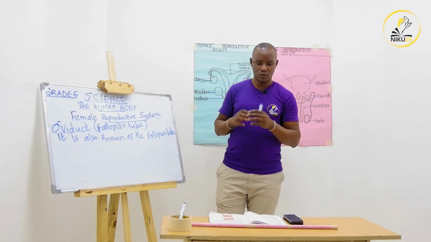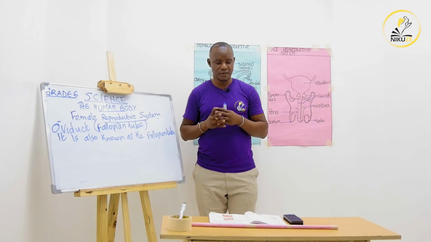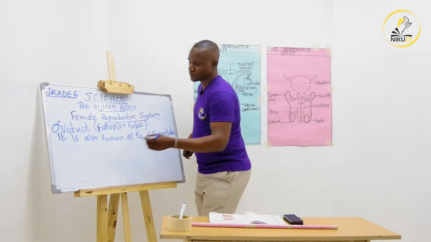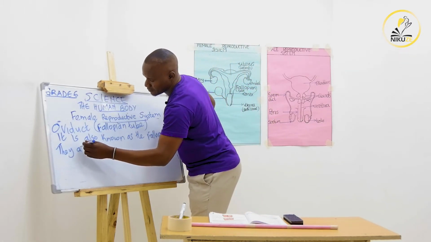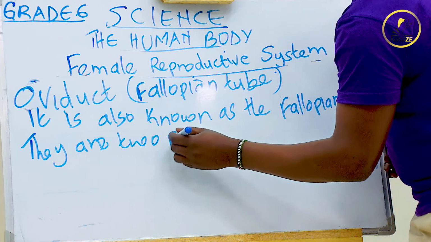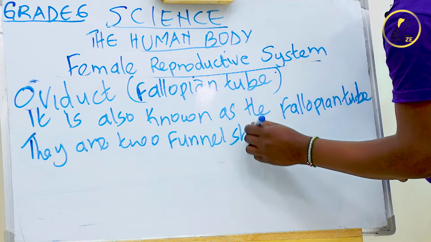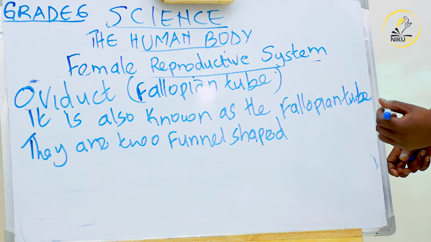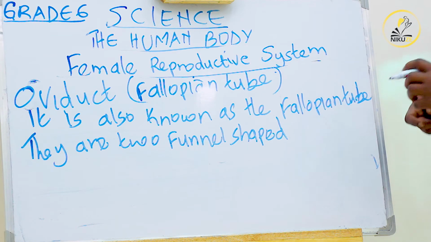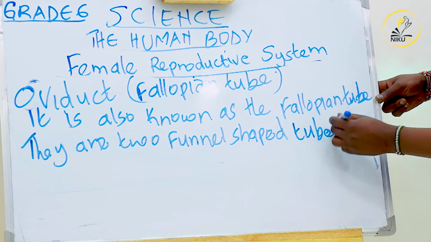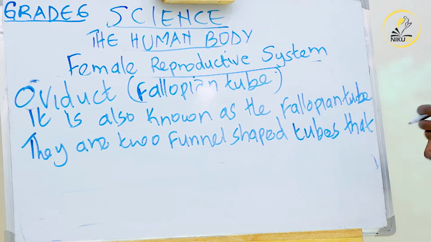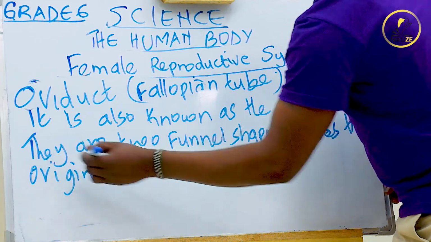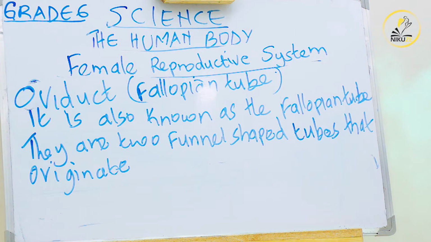We say there are two funnel-shaped tubes that originate from the ovaries and lead to the uterus.